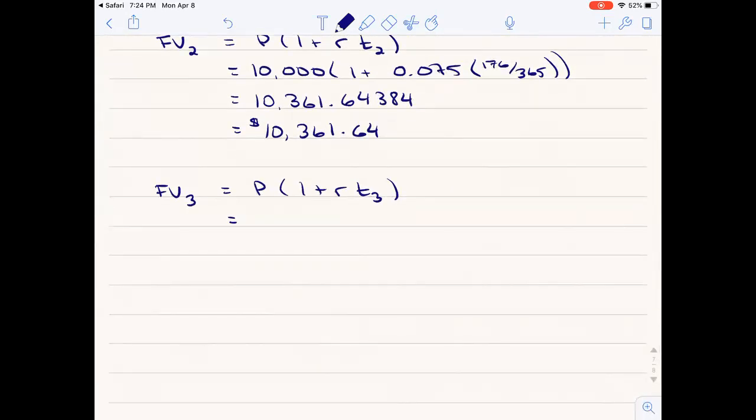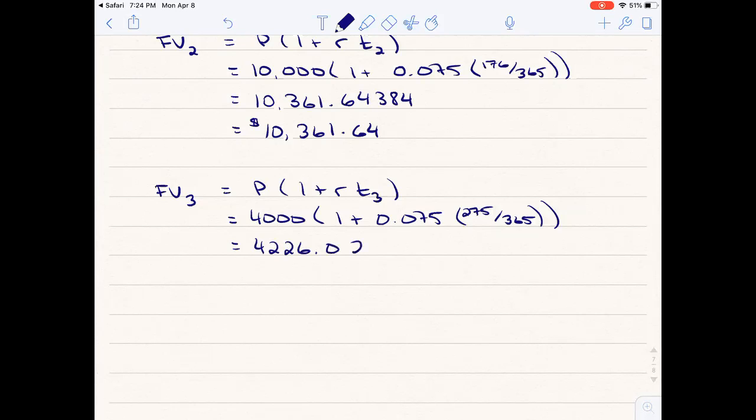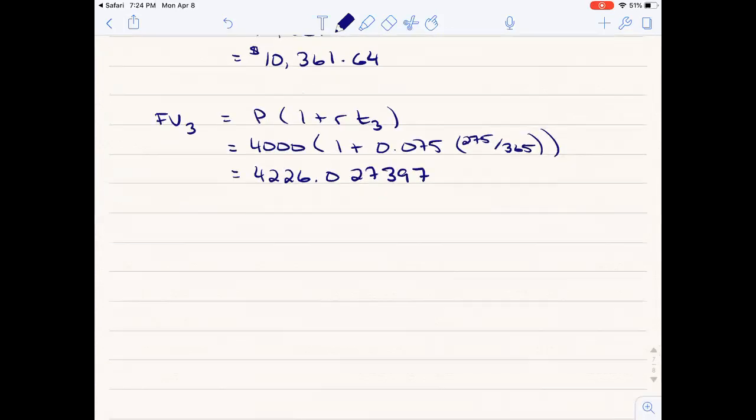P for future value 3 was 4,000 times 1 plus 0.075 times 275 over 365. 275 over 365 times 0.075 plus 1 times 4,000. 4,226.02737, which in money is 4,226.03.